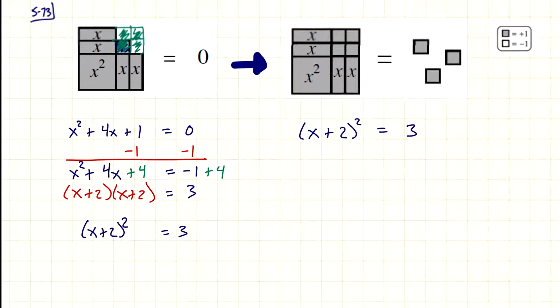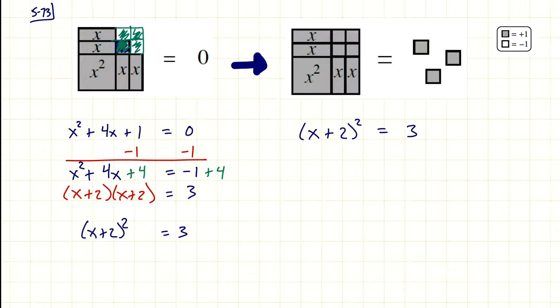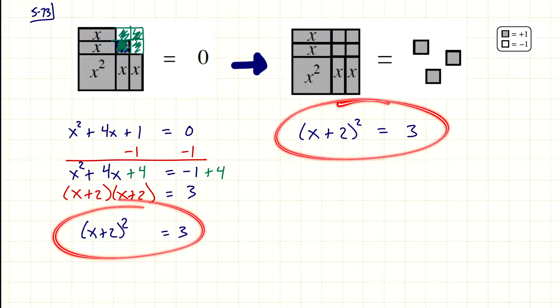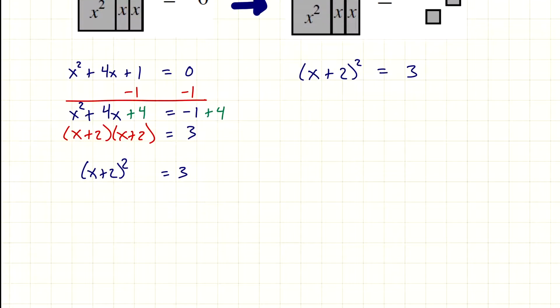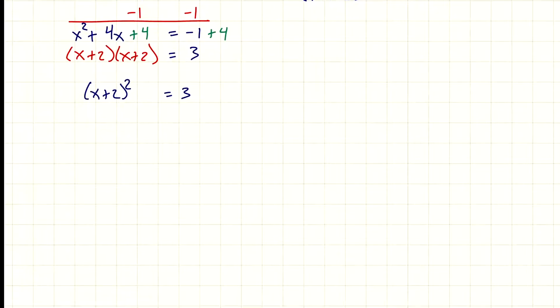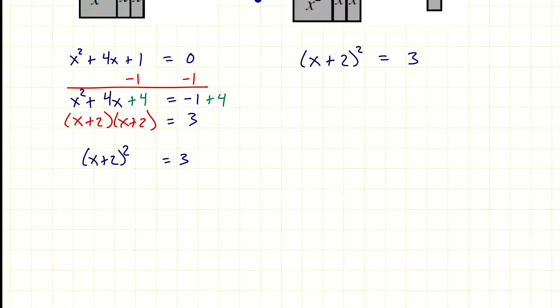And so at this point we have the same equation. Visually, you saw we could just add little squares to both sides, but this is how we do it algebraically. So this is our goal, to learn how to do this. And then this is something we would solve.